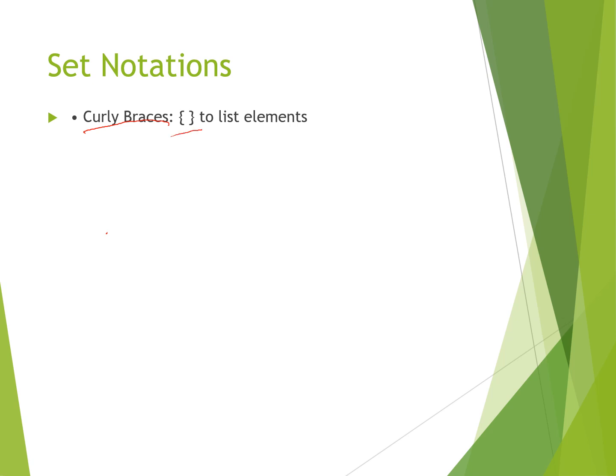Elements of a set. Let's say this is set A, and inside this A, you have 1, 2, 3, 4, 5, 6, 7. Now, if you leave your numbers like this, it is not a set.